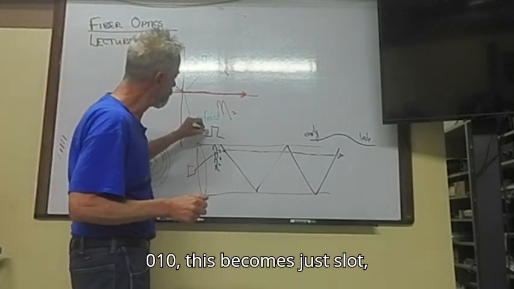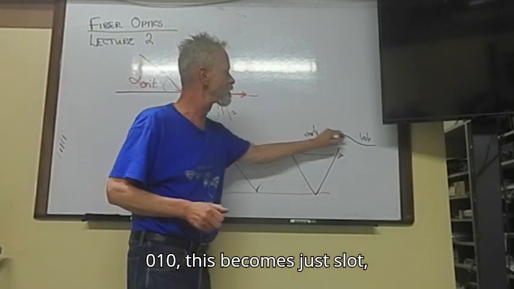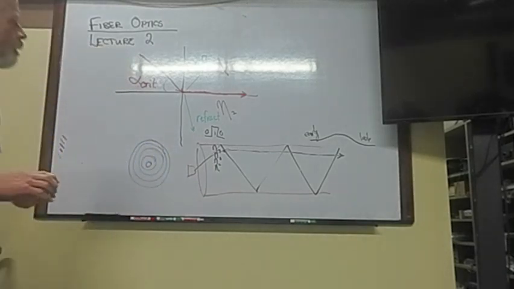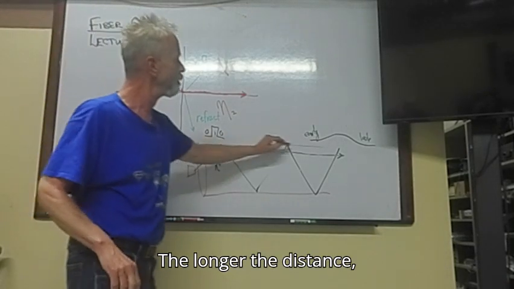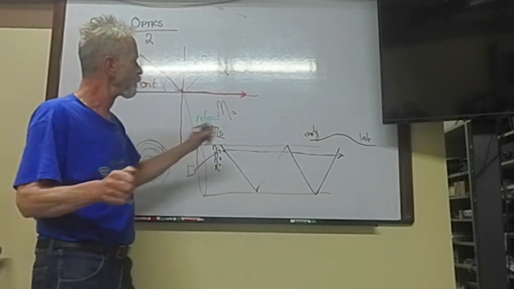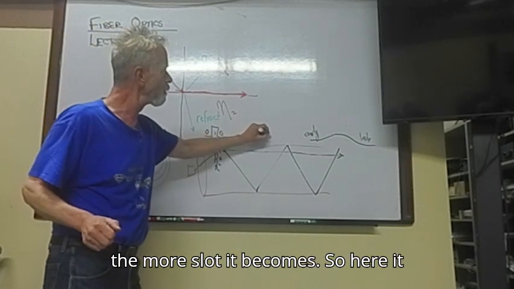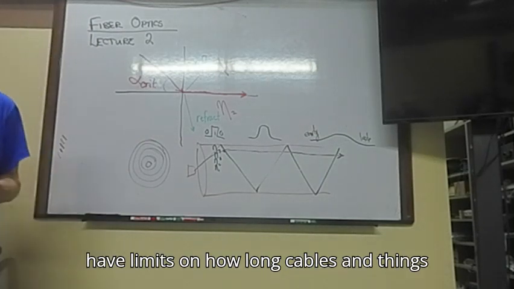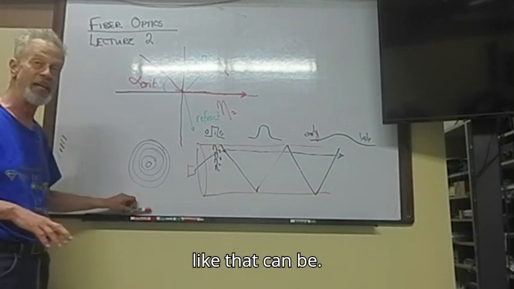If this is 0, 1, 0, this becomes just slop, right? The longer the distance, the more slop it becomes. So here it might look like this. And that's why you have limits on how long cables and things like that can be.